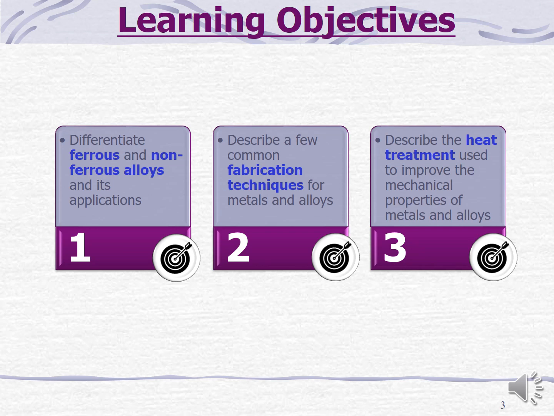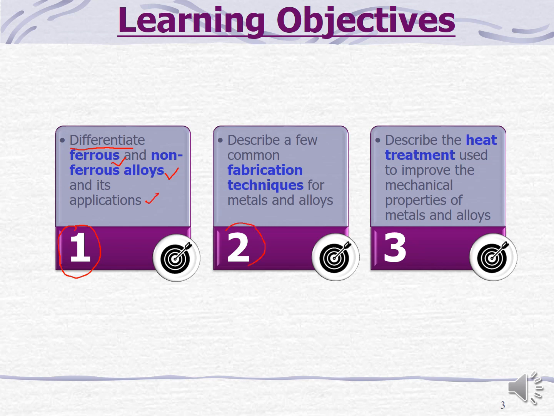There are 3 learning objectives for this chapter. The first one is to differentiate between ferrous and non-ferrous alloys, and also their applications.